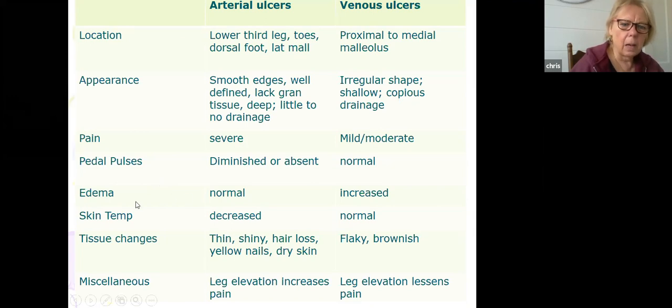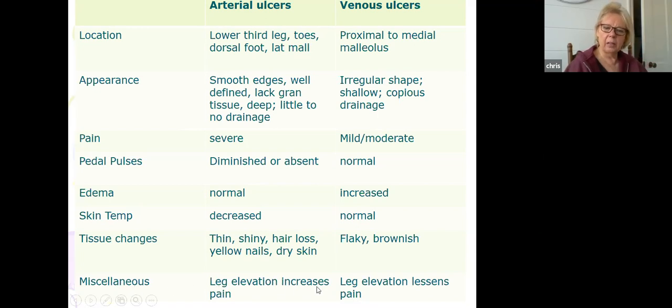Edema, normal for arterial and increased for venous. Skin temperature is decreased for arterial, normal for venous. Tissue changes, atrophic changes: the skin would be thin, shiny, hair loss, yellow nails, brittle nails, dry skin. And venous ulcers: flaky, brownish, hemosiderin staining, purple, blue.